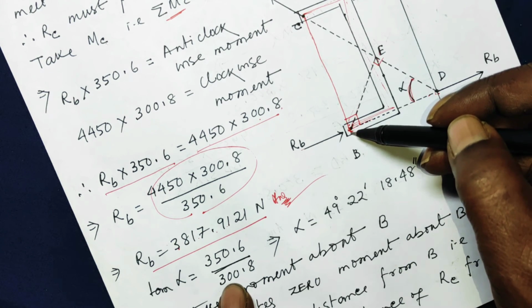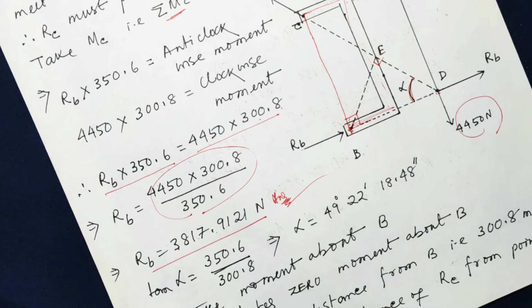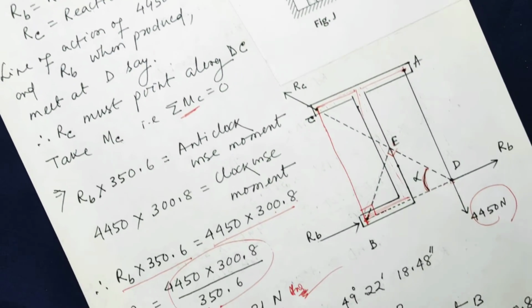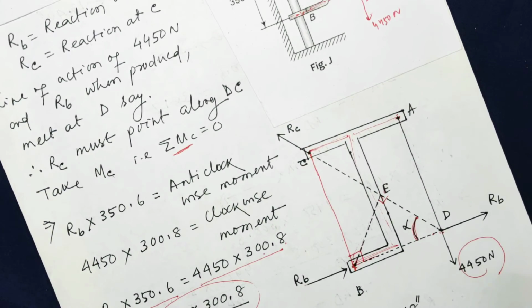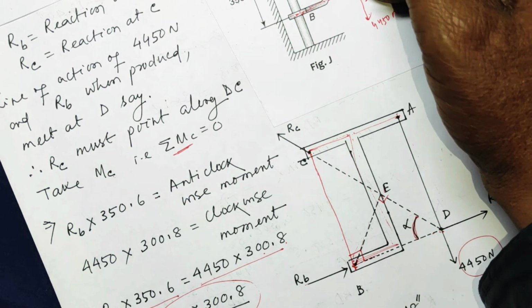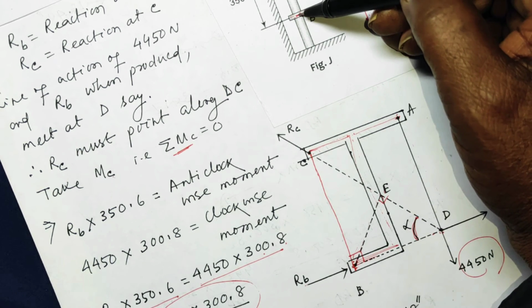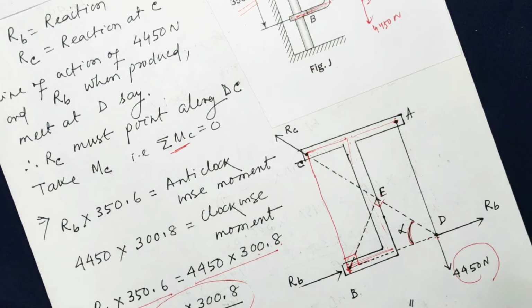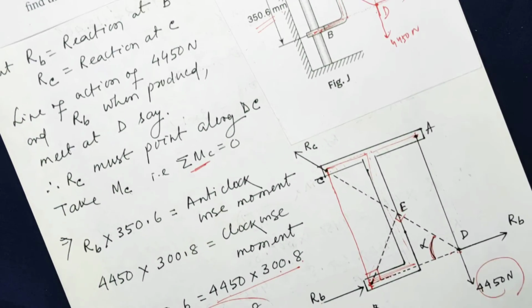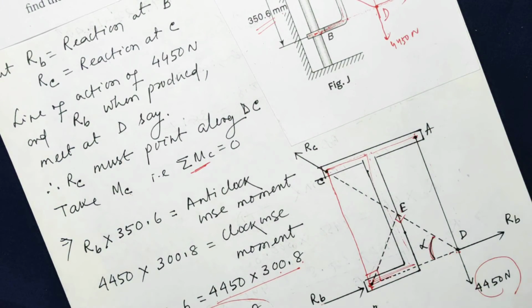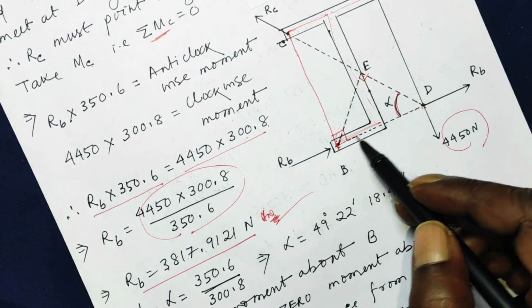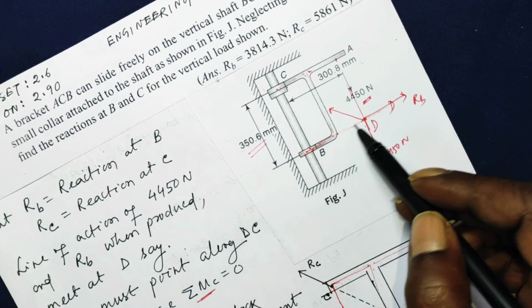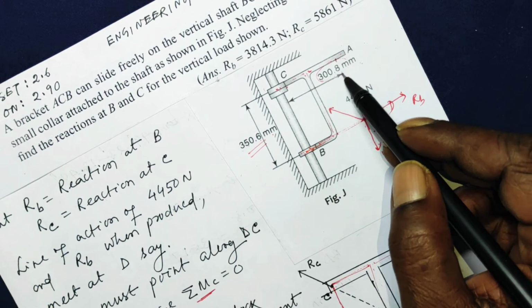And from B to C is given as 350.6 millimeter, which is shown here in the scale, and this distance from B to D is 300.8 millimeter.